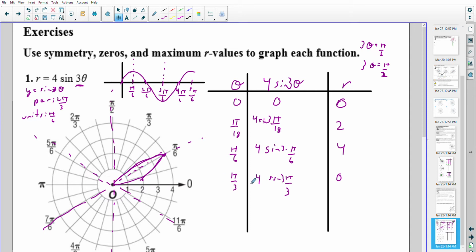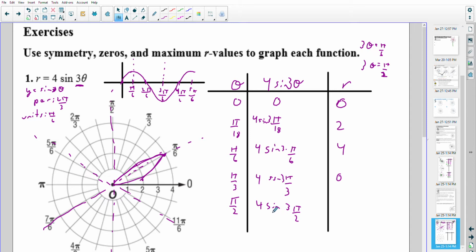Okay, that didn't show me too much. What about a different point? How about where your theta equals pi over 2 to see what that looks like? I'm thinking differently now. Instead of thinking what is my next number here, I just want to know what's going on on that axis. So 4 sine of 3 pi over 2.